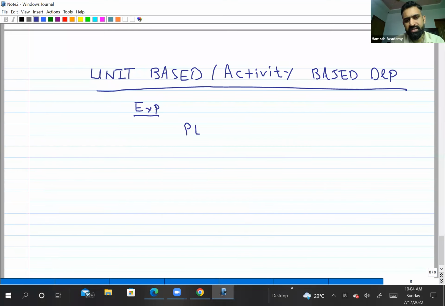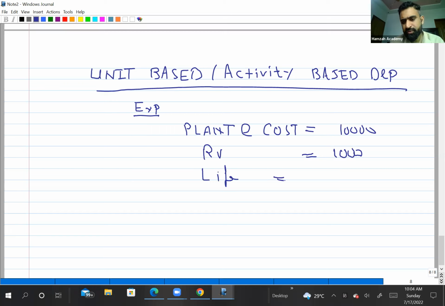For example, let's assume we have a plant which we purchase at the cost of 10,000. Residual value is 1,000, and the useful life is 20,000 hours.